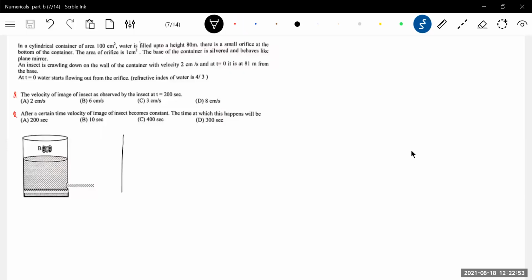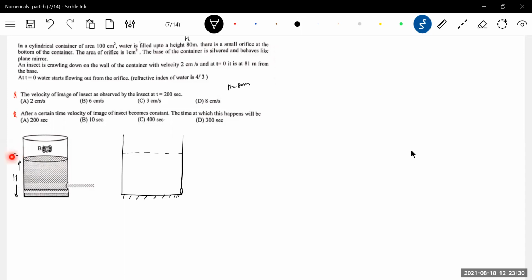Let me proceed. This is a silvered mirror. This is the level. Okay, the insect is somewhere here. So this is at t equals 0. This h is equal to 80 meter. This 80 meter I'll call h.